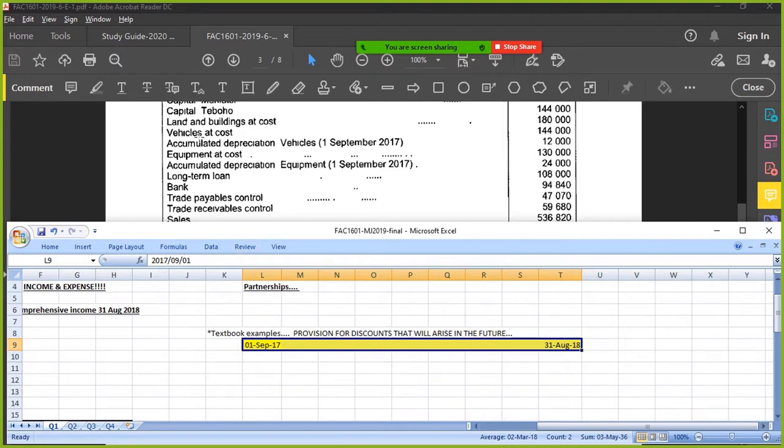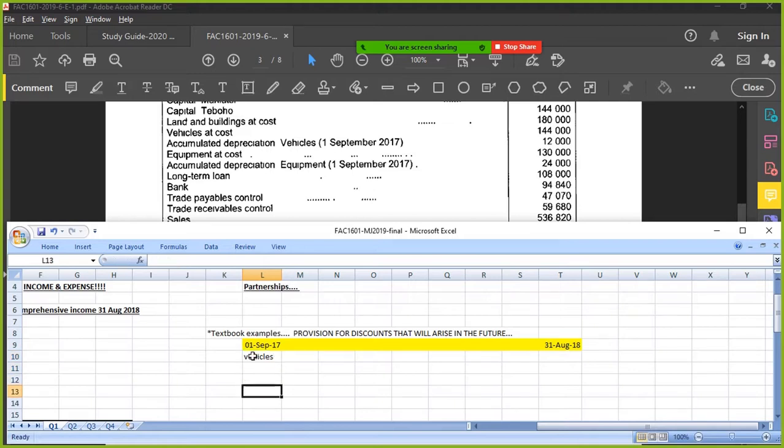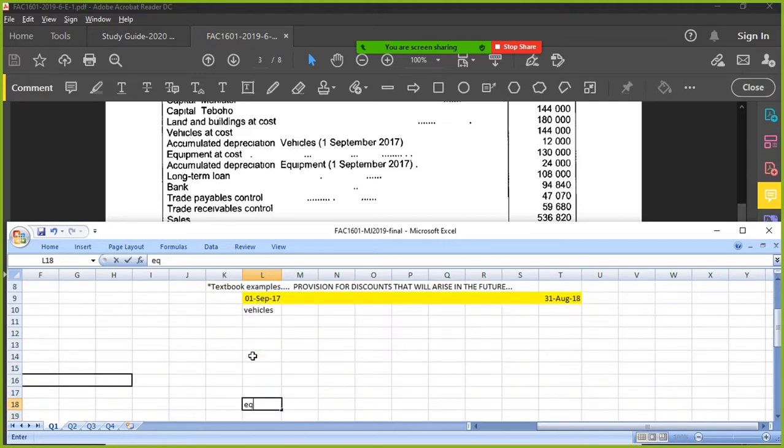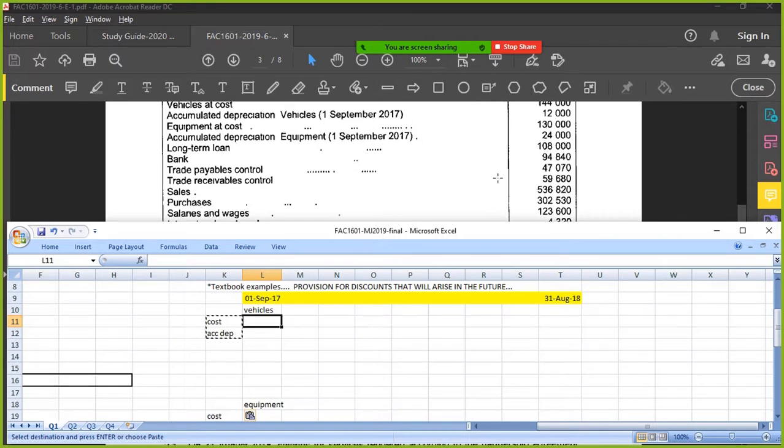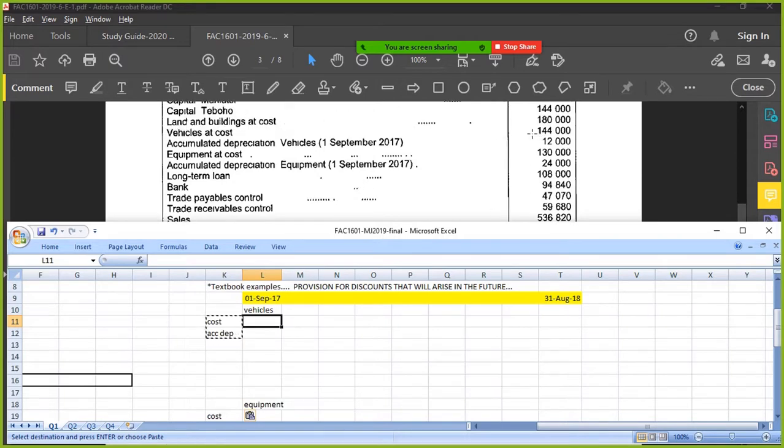So I've got vehicles and I've got equipment. For vehicles, I've got costs and I've got accumulated depreciation. Vehicles cost 144, it looks like. Accumulated at the 1st of September. Be careful.